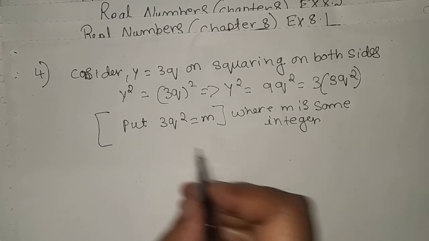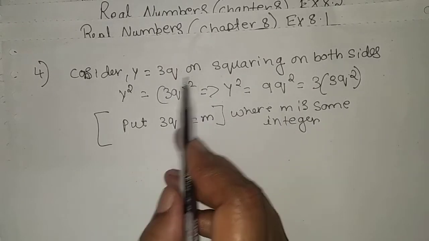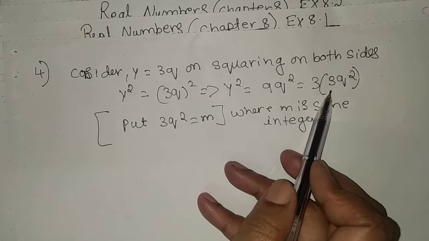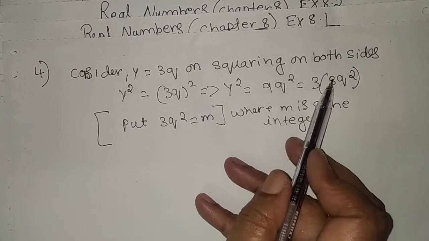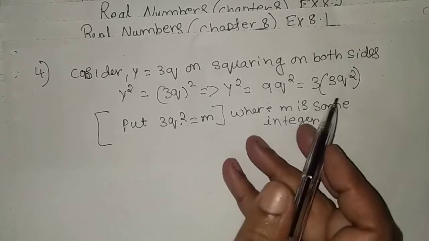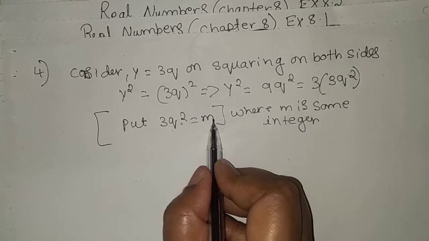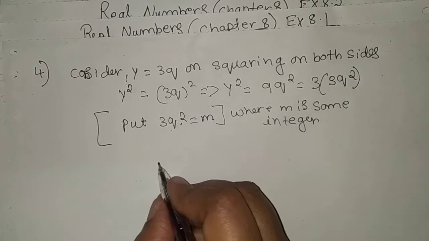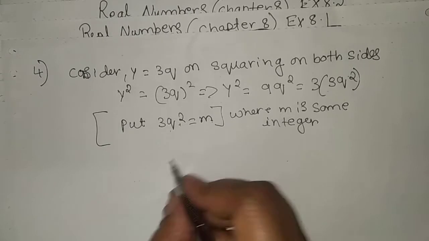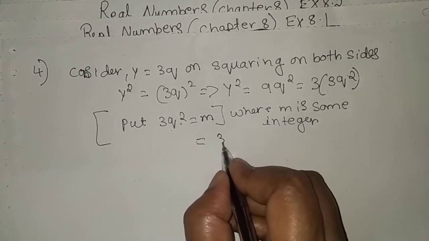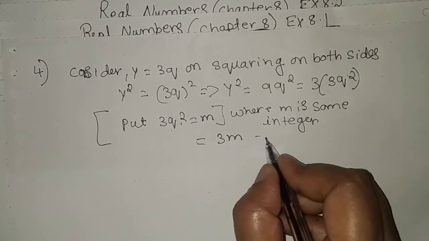So we'll continue this one. So we'll take y is 3q, square on both the sides, and we'll get this one. Then we'll take 3 outside and 3 into 3q square is remaining, which is equal to m. So substitute m on this one. So we'll get 3m. This is the equation 1.